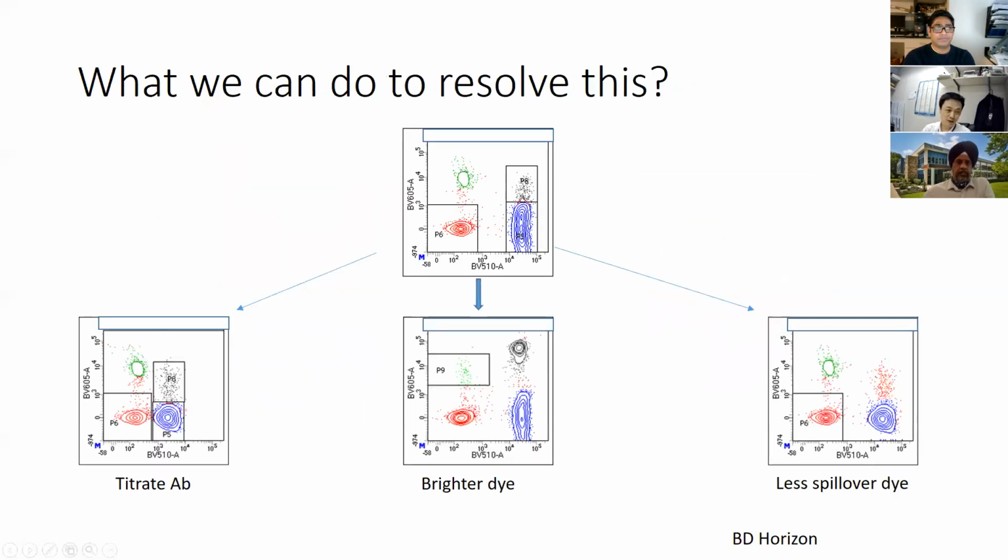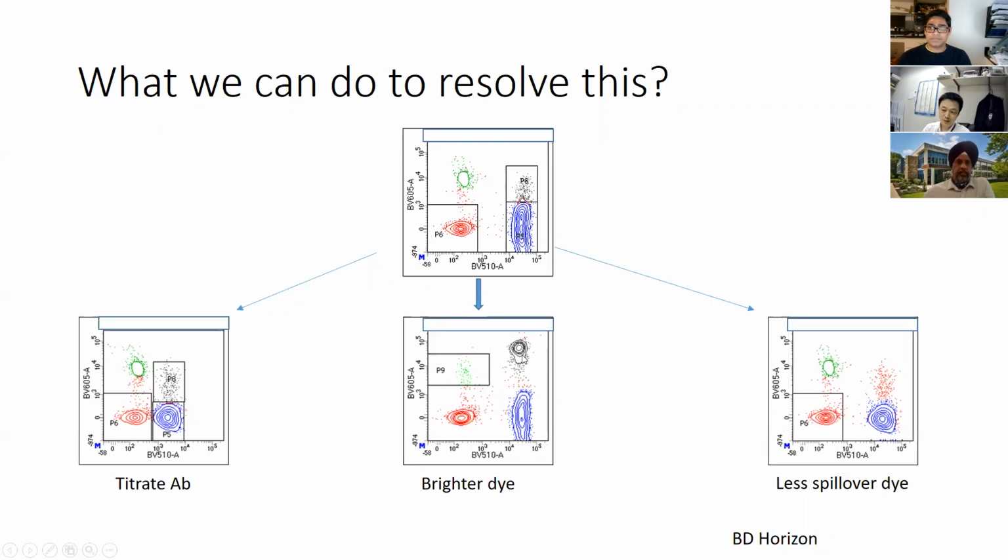There are three ways we can resolve this. First one, we titrate the antibody. So we bring the antibody for this color a little bit lower. When the intensity of this antibody signal gets dimmer, the spillover will become less, so we'll see this population more clearly.